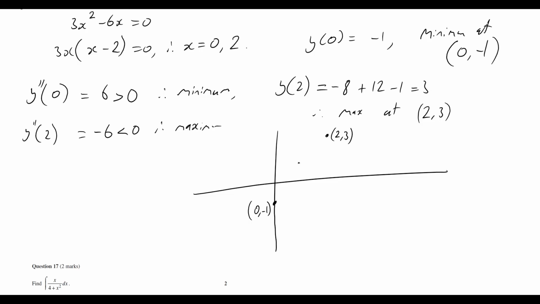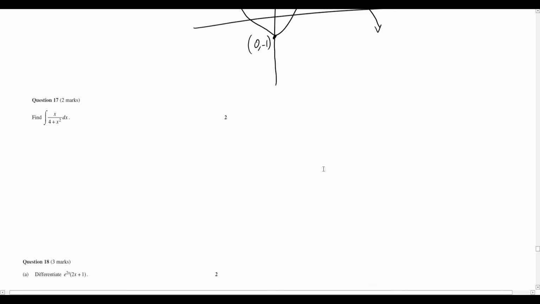So we can put that point in here now as (1, 1). Okay, so all we need to do now is just quickly graph these. So we see that we have that minimum there, and then going into the inflection, and then the maximum before it then starts going back down into the negative. And there we are. So that's question 16.